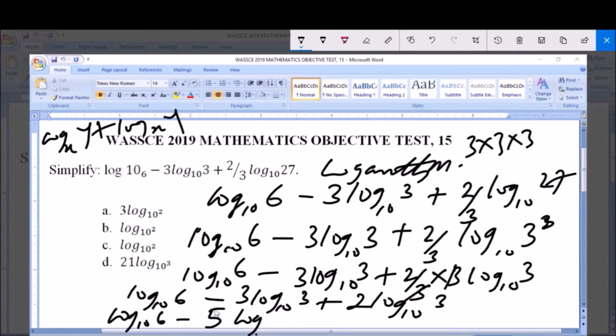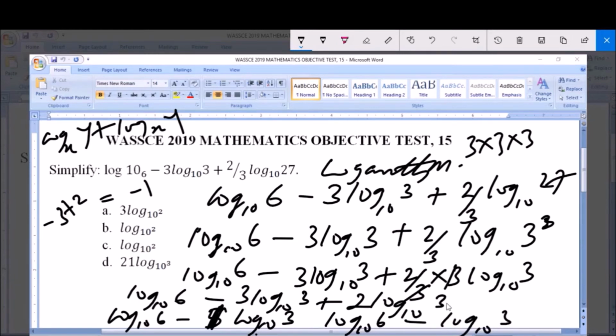Now minus 3 plus 2 gives you what? Gives you minus 1. So it will be minus 1 log 3 base 10. So you have log 6 base 10 minus log 3 base 10. It's irrelevant to put the 1, so we can write it as log 6 base 10 minus log 3 base 10. And this is what we got.